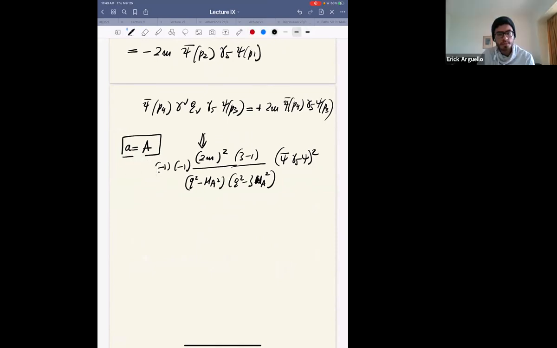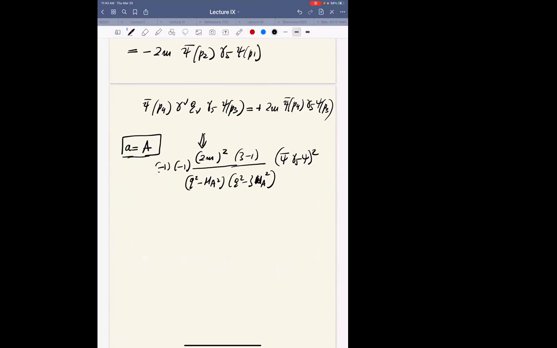G over 2. G over 2, that's what I need you for, please. G over 2 squared was here. So the 2 got cancelled, which is what I like. This G would have troubled me. So minus and minus gave me a plus. So I have G squared, psi minus 1.